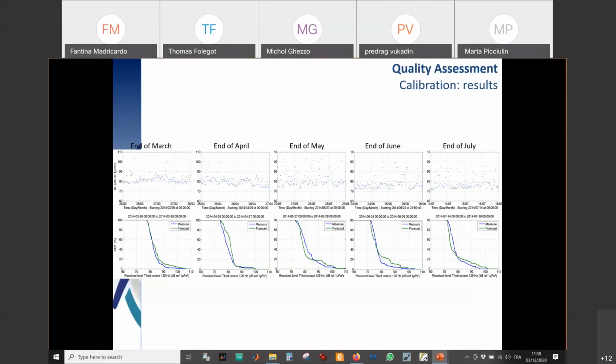Exactly, at least for the points where you have the measurements, around the measurement stations. So we start from the EMODnet map, and at the end of the calibration, we have a modified EMODnet map.